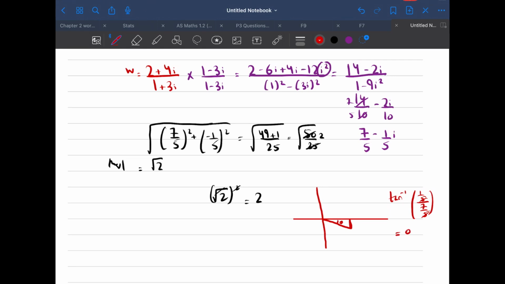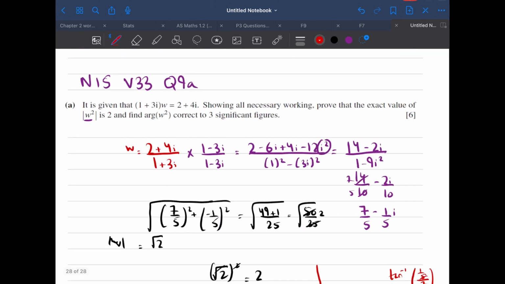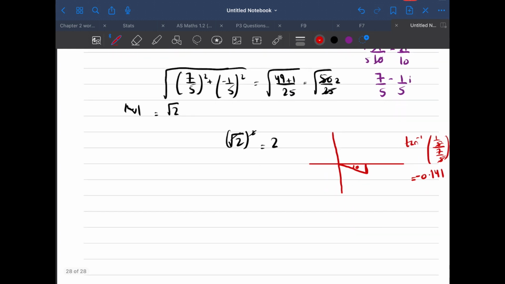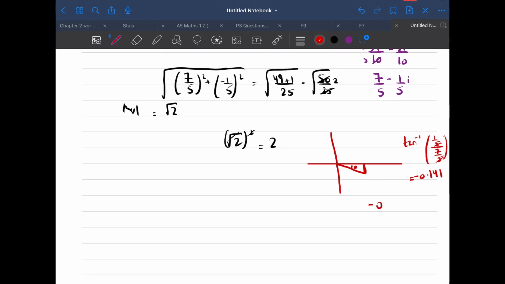It's 0.141. क्योंकि it's clockwise, so it's going to be minus. Do you get this? अब हमें किसका चाहिए? W square का. So what's the rule? It's n theta. So my theta is minus 0.141. Let's multiply it by 2. So it's going to be minus 0.284. That's it. So here we end lesson 4 of complex number.